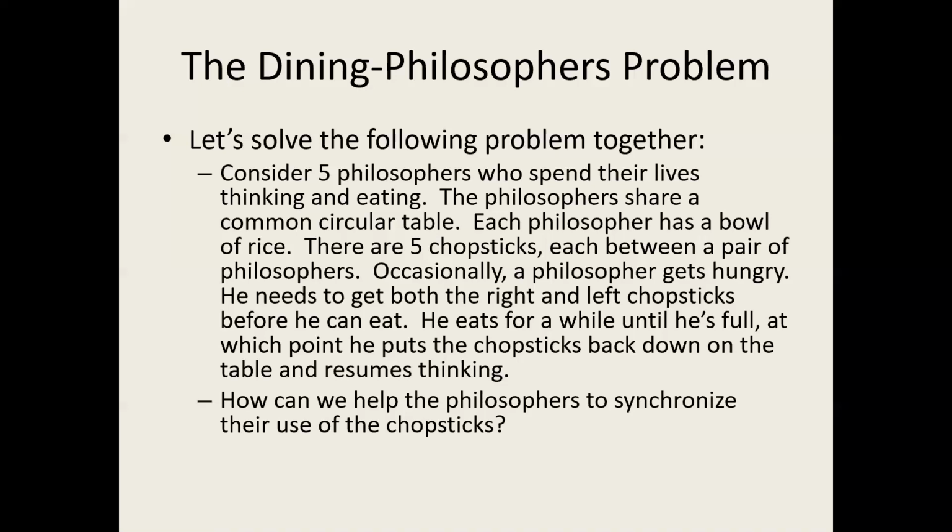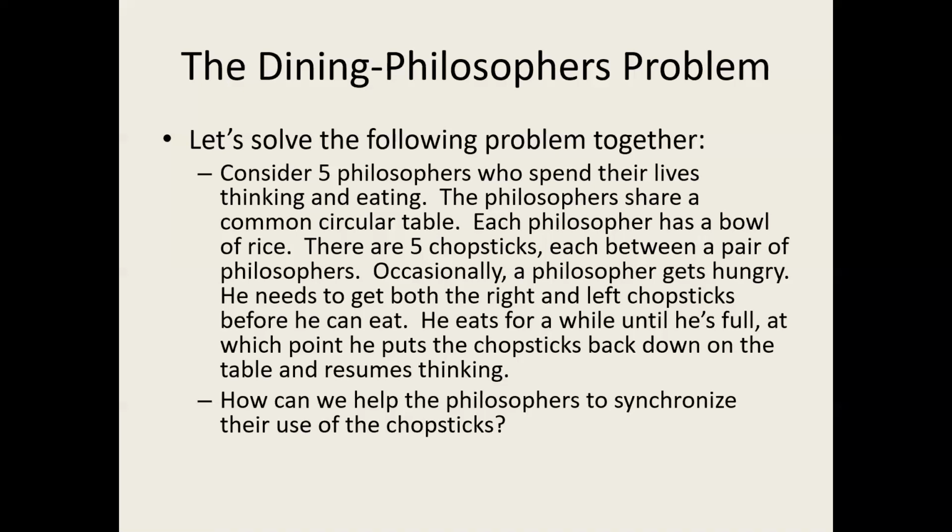So therefore, the philosophers' processes are thinking and eating. Thinking is like a process being idle. Eating means a process being executed. When a process needs execution, it requires resources. So the resources are allocated to start the process execution.